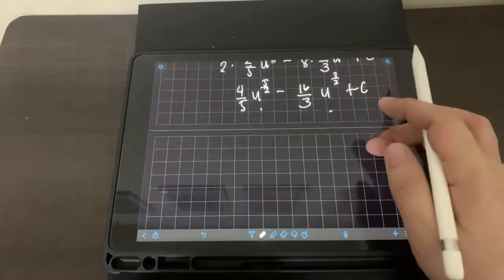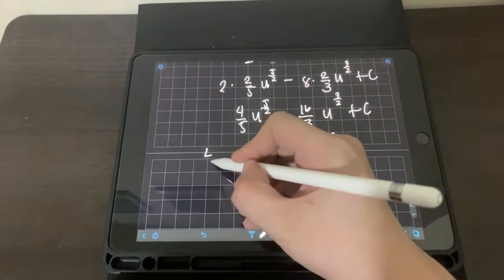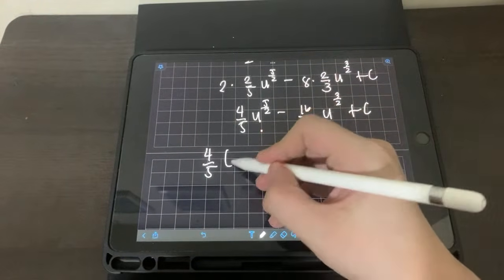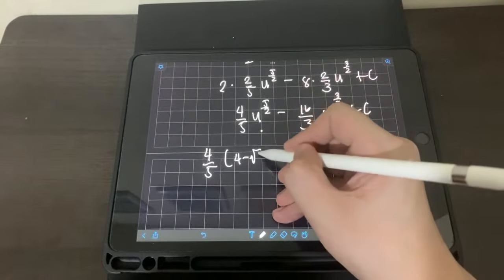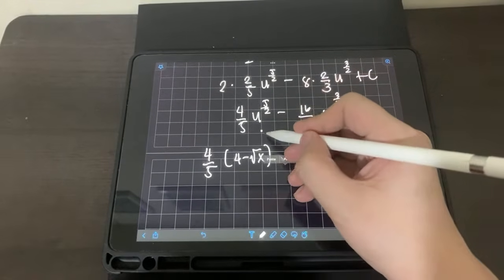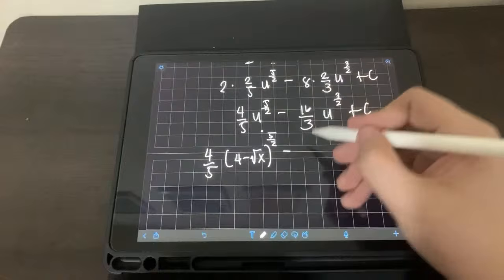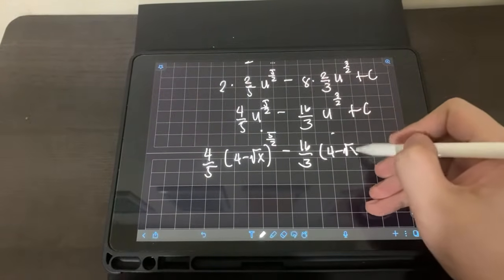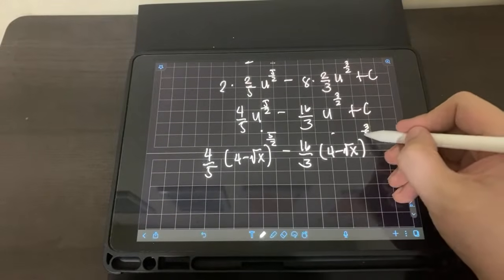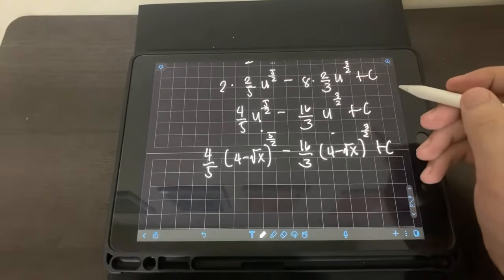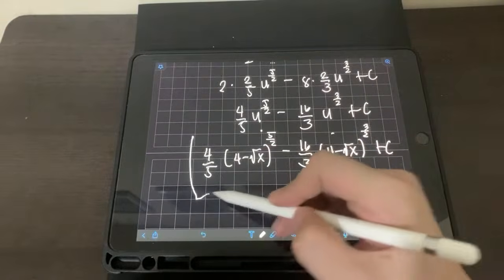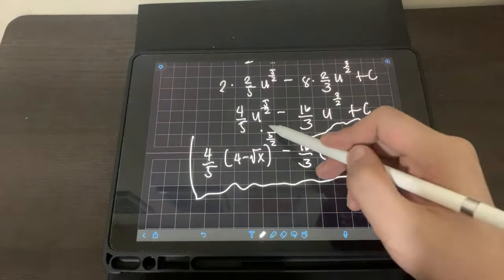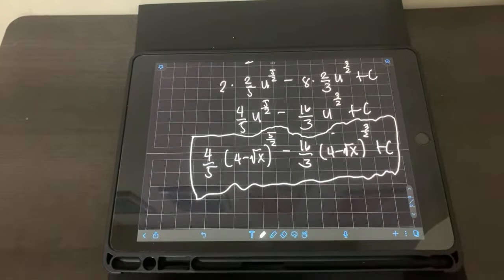So, therefore, the final answer will be 4/5 times 4 minus square root of x, raised to 5/2, minus 16 over 3, 4 minus square root of x, raised to 3/2, plus c. Okay, so this is the final answer.